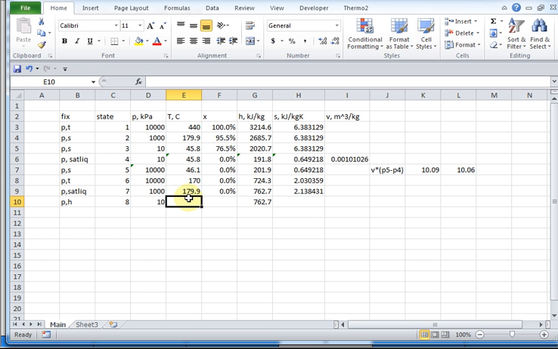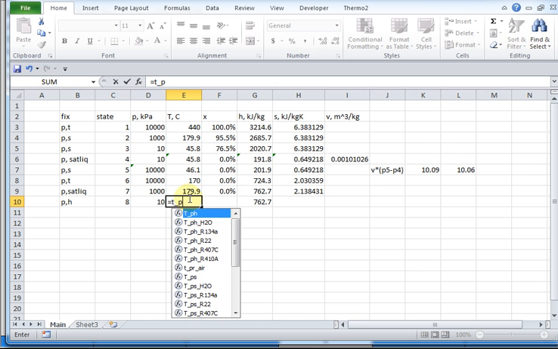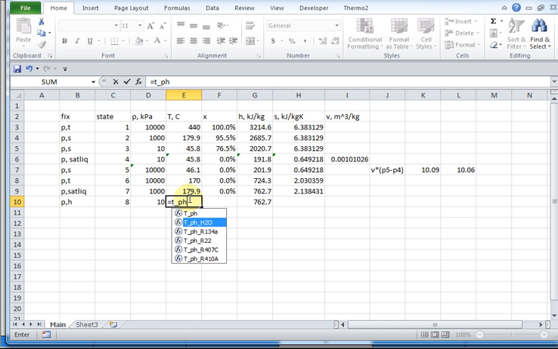So I could look up temperature. Here's a question for you. Will that temperature be less than 180, greater than 180, or equal to 180? So we want to find the temperature as a function of pressure and enthalpy for water. There's our pressure. Here's our enthalpy. Last chance to guess before we go.